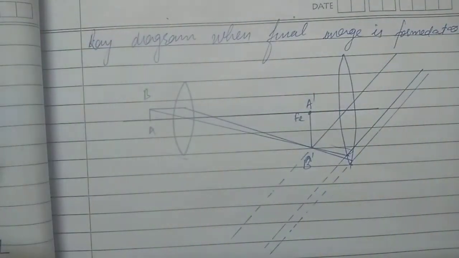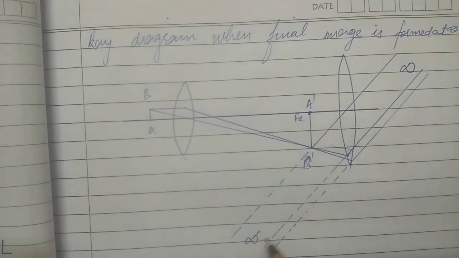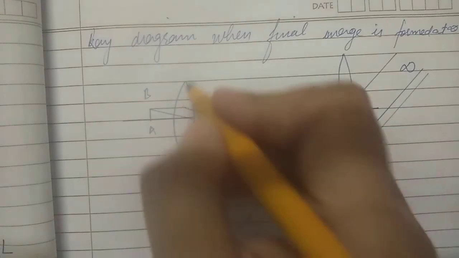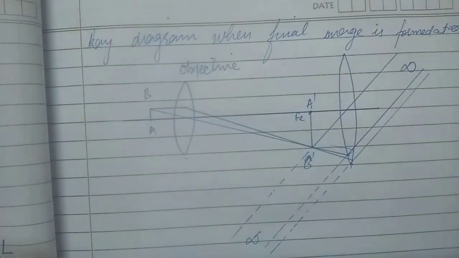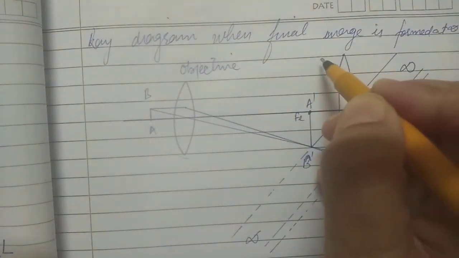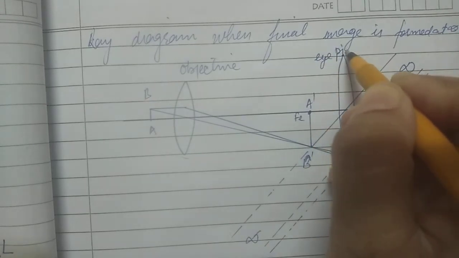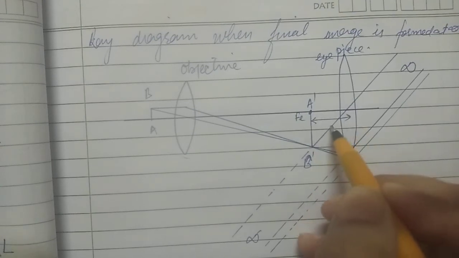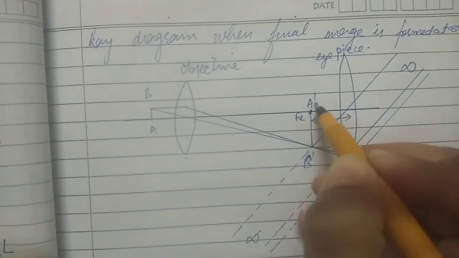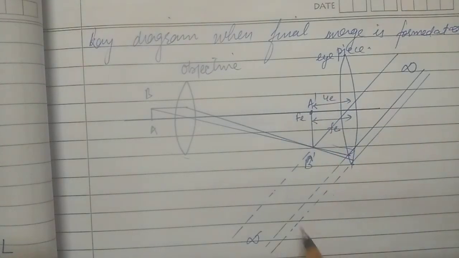Now all the rays we have drawn are parallel to each other, so the final image would be formed at infinity. This is the objective and this is the eyepiece. This is the focal length of the eyepiece, and this is also the object distance from the eyepiece.